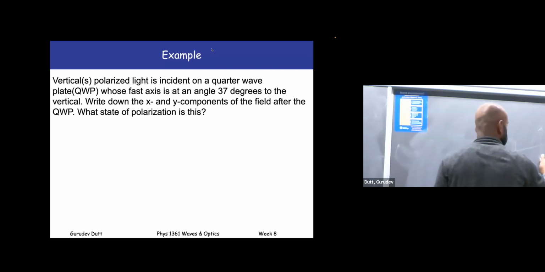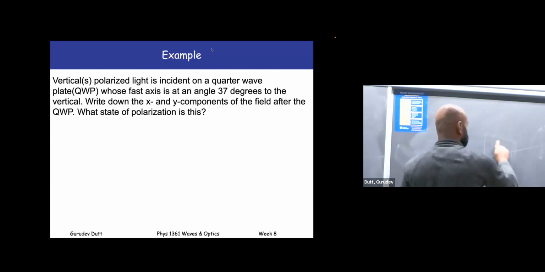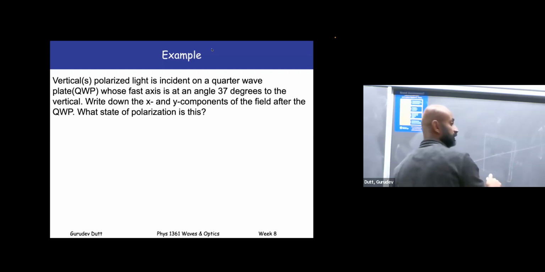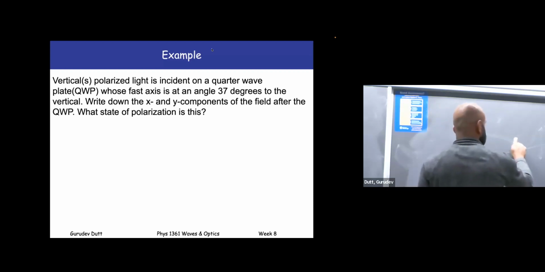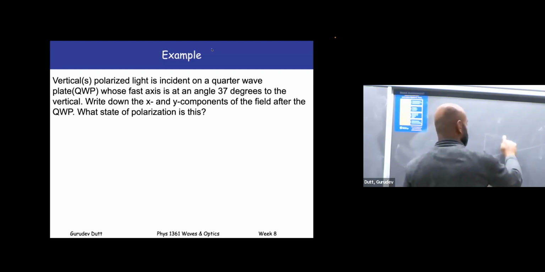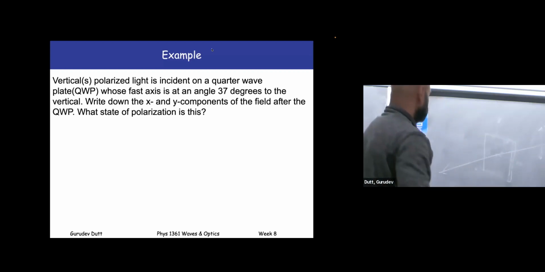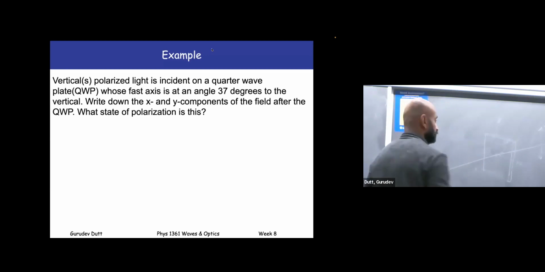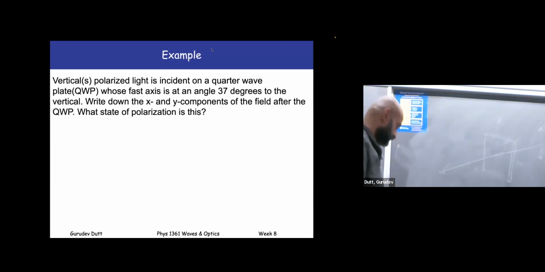Incidentally, it's vertical. Let's call that the y-axis, and that's the x-axis. And we have the fast axis of this, I'll give the dashed lines here, at an angle 37 degrees with respect to the vertical. What is the output polarization state?